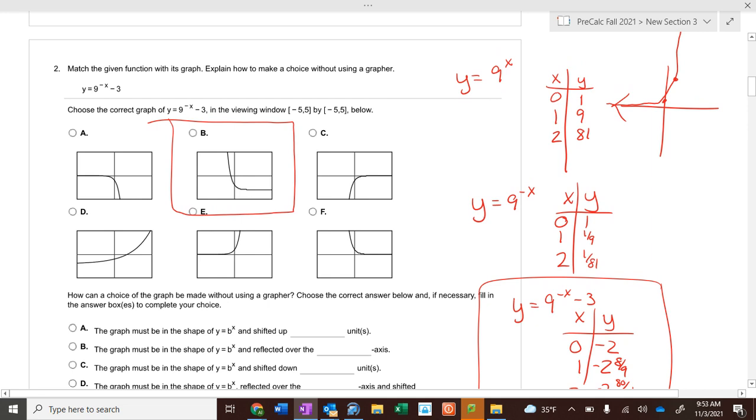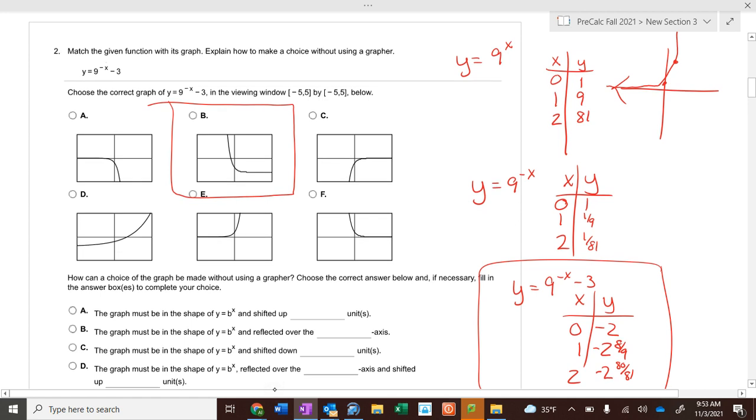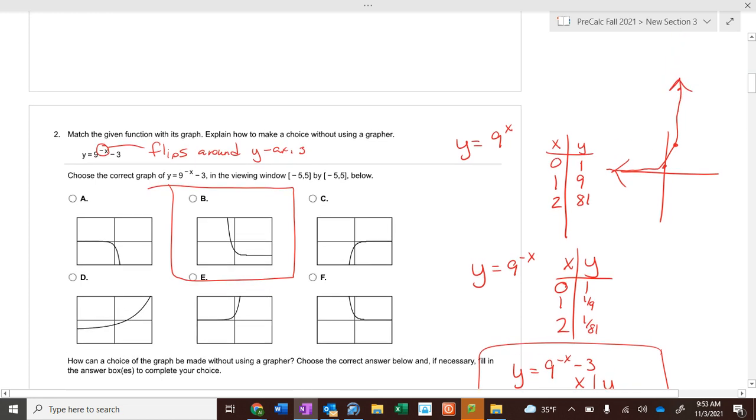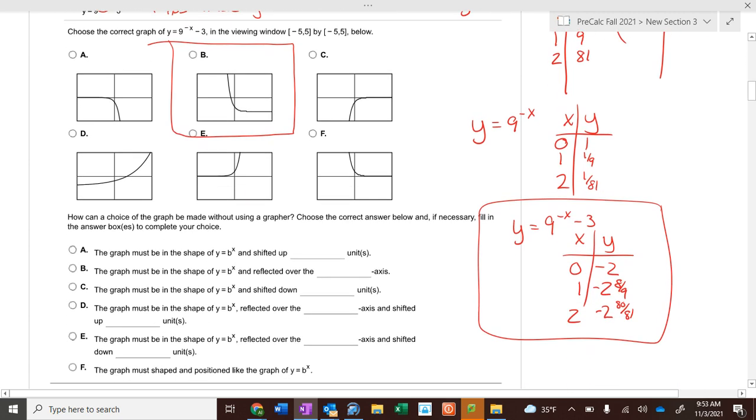Well, we flip it around the y-axis. So the negative in front of x flips it around the y-axis. Okay? Because you see we turned it and then brought it down by 3. So it's reflected over the y-axis, and shifted down by 3 units.